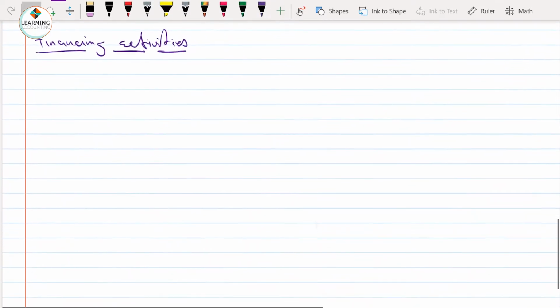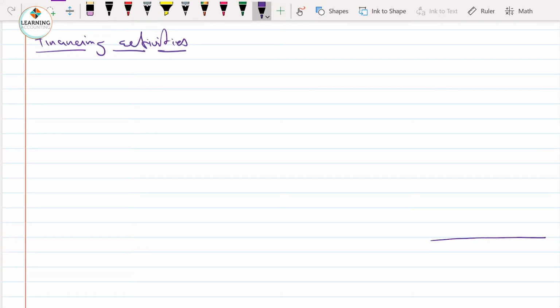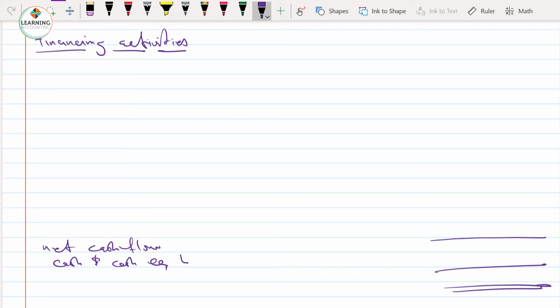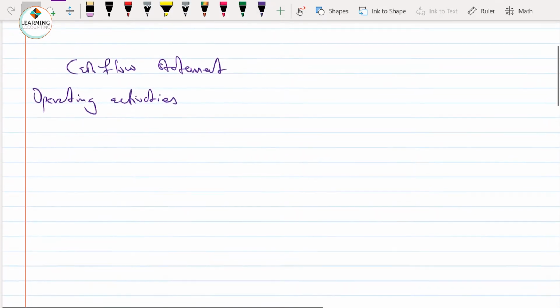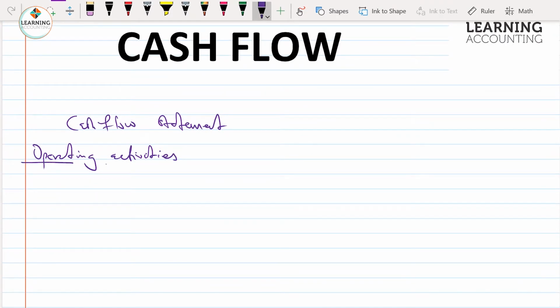Then finally we have this section that I call the cash and cash equivalents. So we have the net cash flow, the cash and cash equivalent brought forward, and the cash and cash equivalent carried down.